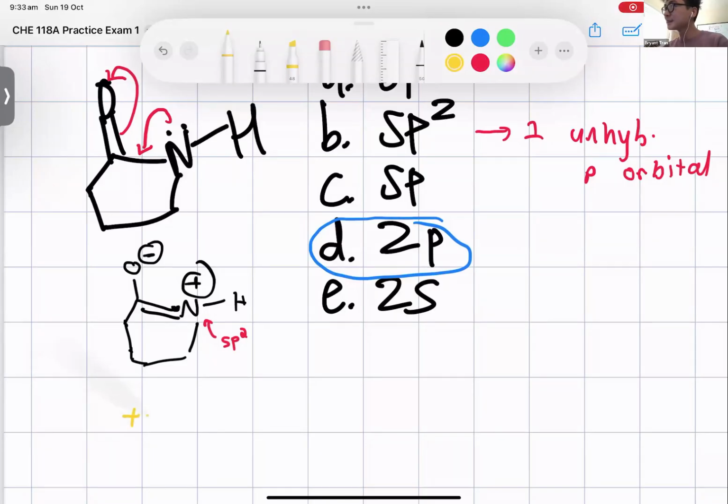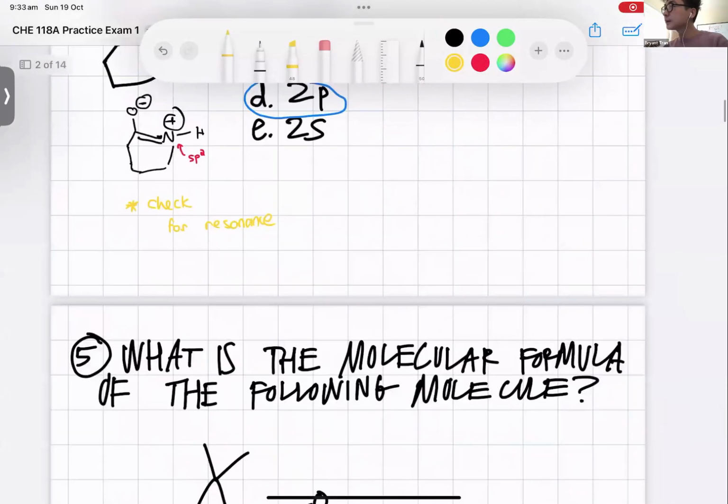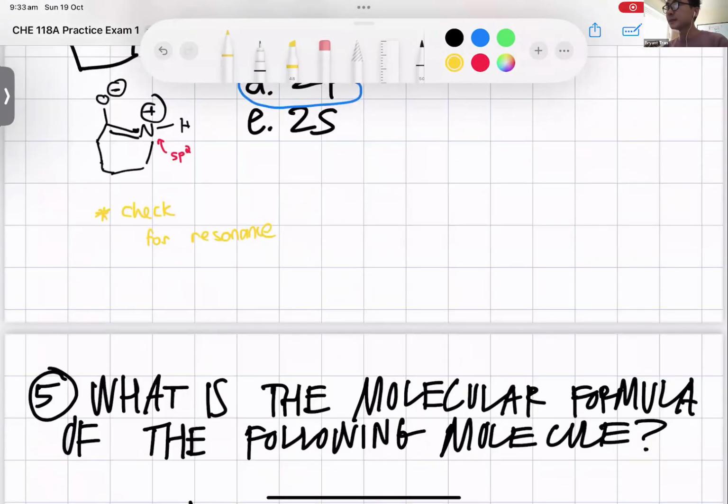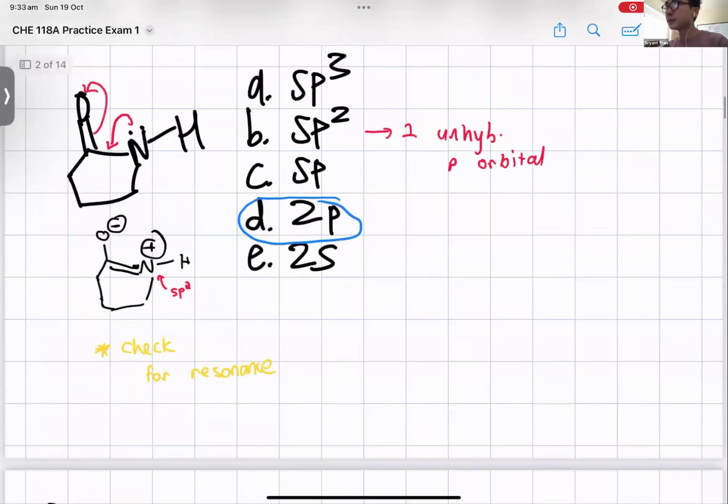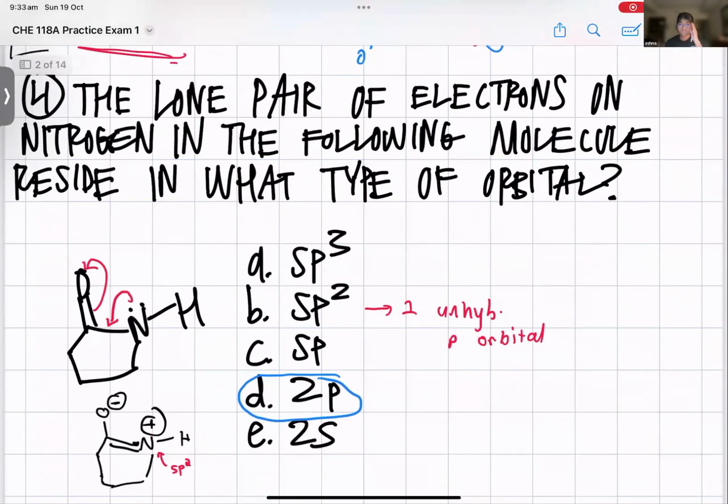Let's see here. 15. On number 15 of the chapter 1 practice problems, that's why I created a similar problem. It asks in what type of orbital the lone pair of electrons on nitrogen in the following molecule resides.